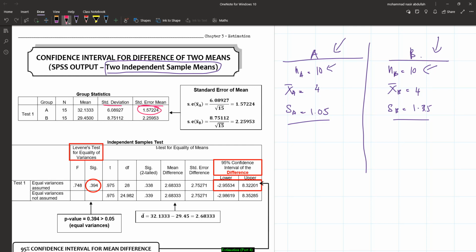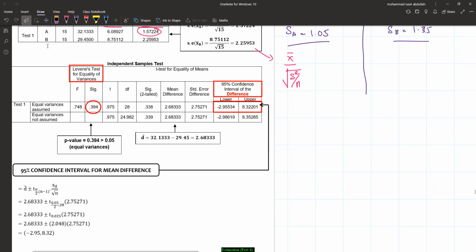The standard error of the mean is obtained from the square root of s squared divided by n. Remember, we learned the standard error of the mean the other day. So you will get the standard error of the mean, right?